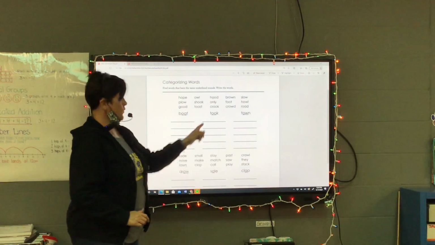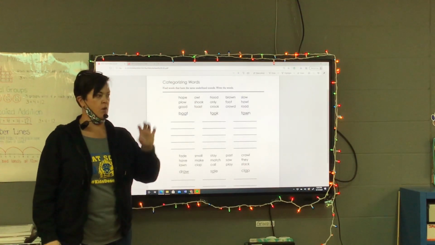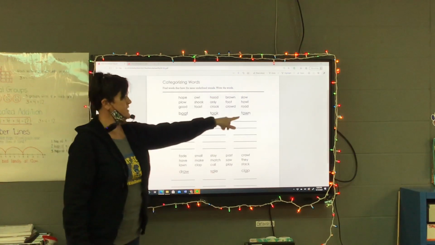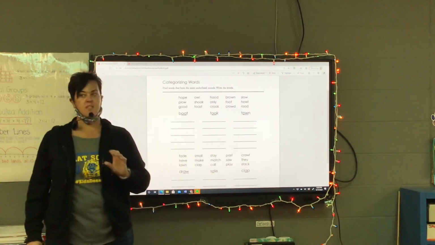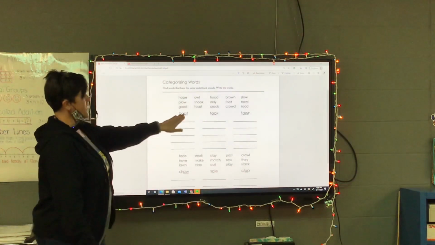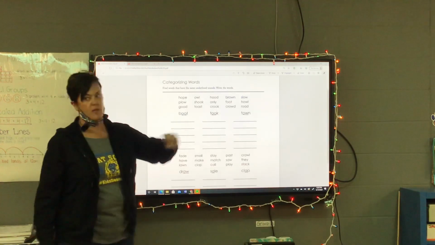O. What about in this word? What is this word? Took. What's the OO saying? What is this word? What's the OW saying? Ow. All right, so we have to find the words that also say O in them.